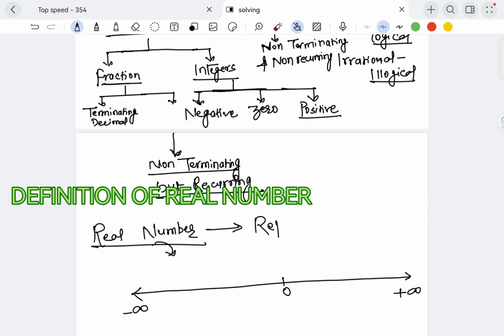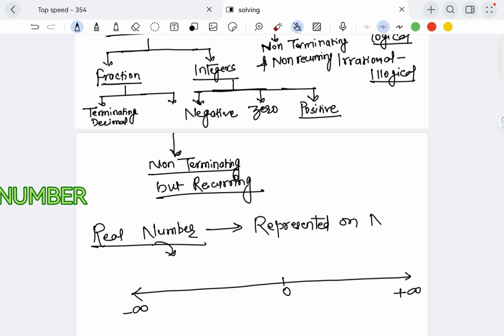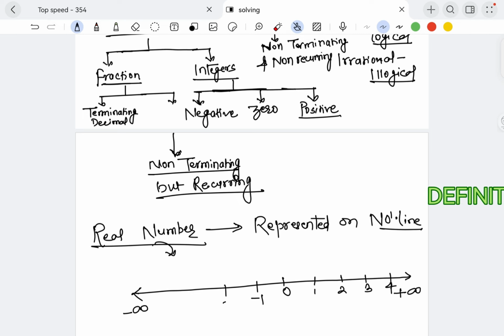This is the number line. Now integers, yes, we can represent them. Very nice. Now you might ask me the question, where to represent the fractions?